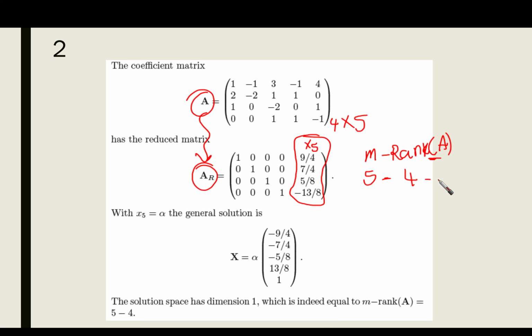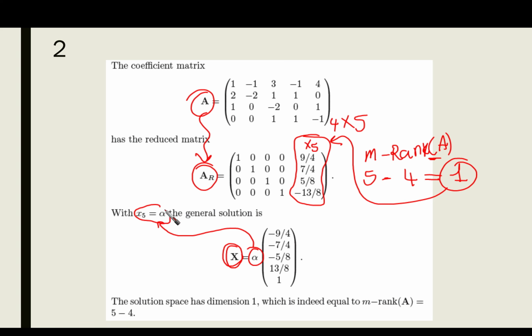We have 4. So it equals 1. And this is what we were expecting because we have only one column that does not have a leading entry. This means that x1, x2, x3 and x4 are going to be defined by alpha, which is, what is alpha? Exactly, it is x5. Okay, that's it.